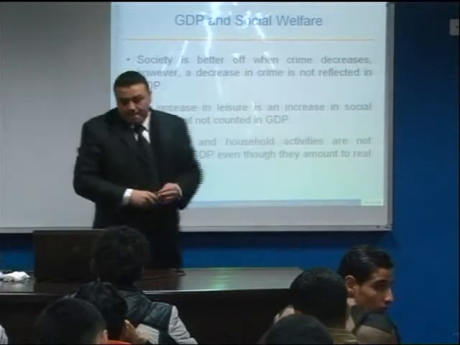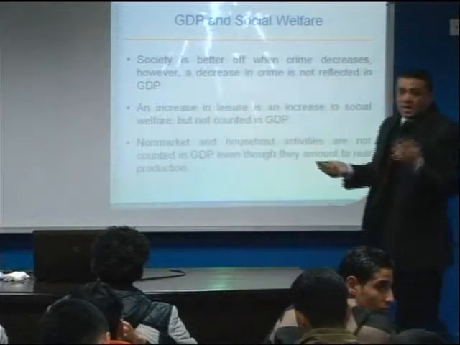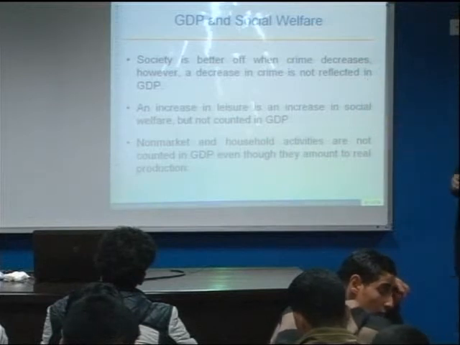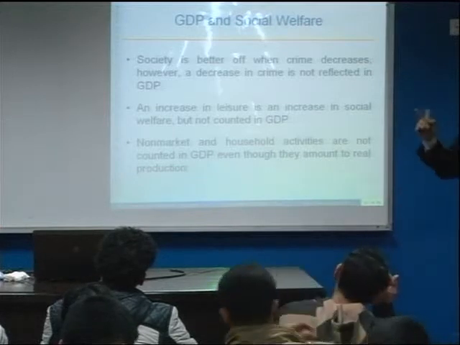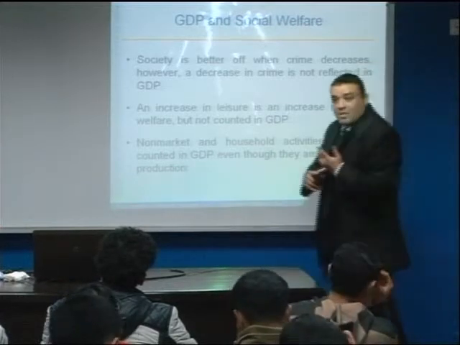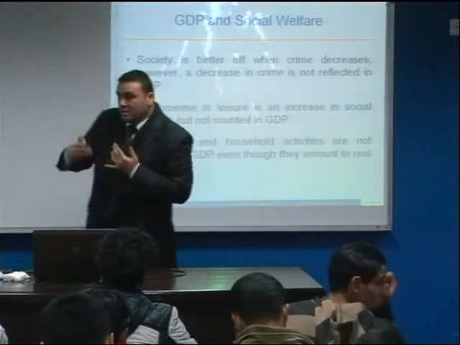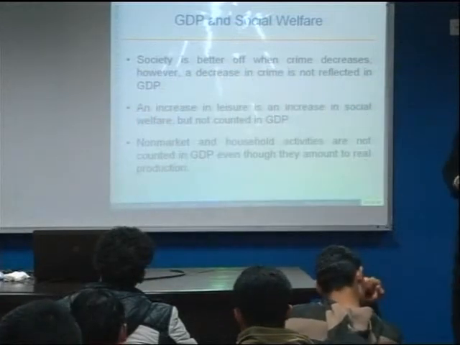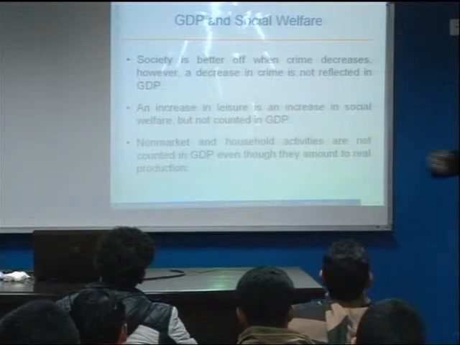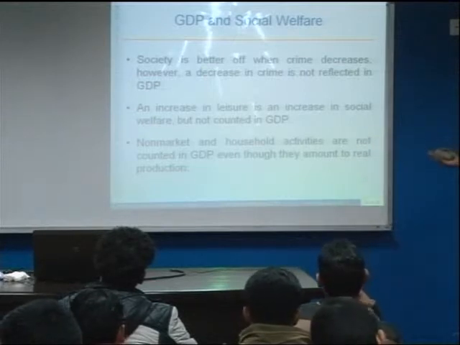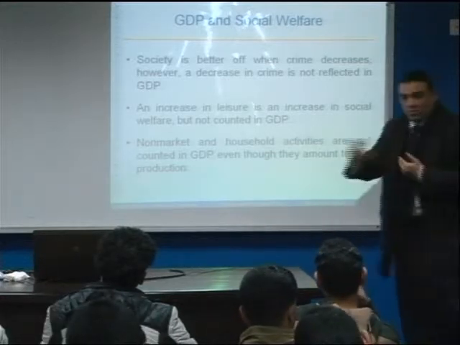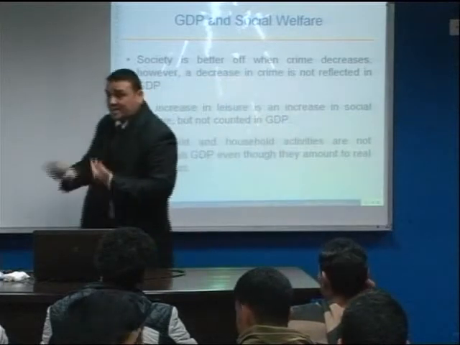The GDP is related to social welfare: society is better off when crime decreases. However, a decrease in crime is not reflected in the GDP, so the GDP ignores crime in the community. What else? An increase in leisure, meaning free time, is an increase in social welfare, but it is not counted in GDP.